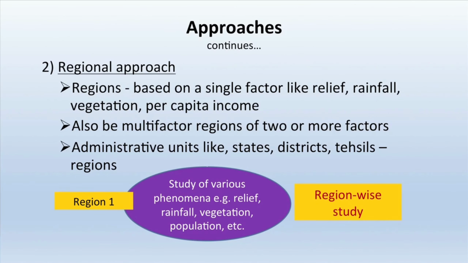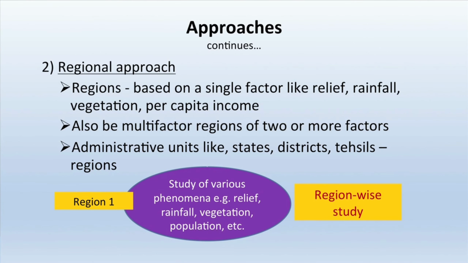Now, the second one, as I talked about, was the regional approach. In the regional approach, we have defined regions and then we study according to the regions. What are regions? Regions are based on a single factor like relief, rainfall, vegetation, per capita income, etc. There can also be multi-factor regions where two or more factors are included while studying.